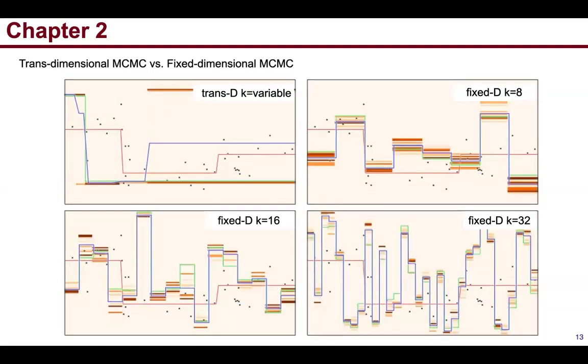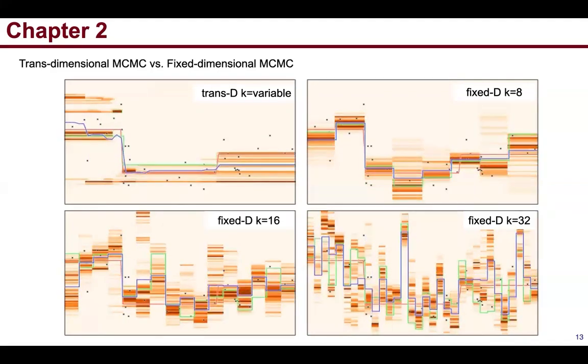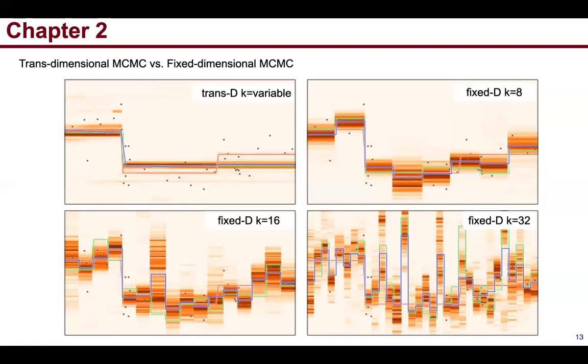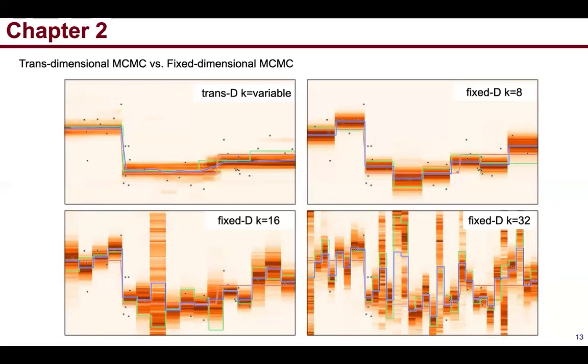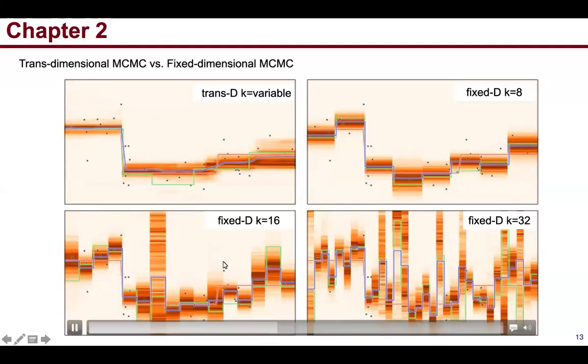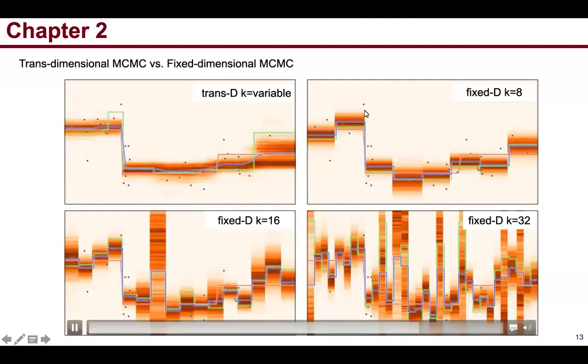So here you can find the first figure is a transdimensional inversion result, and the left three figures are the fixed dimensional MCMC result. Compared to the other three, the transdimensional inversion result can yield the most likely velocity model without bias due to over-parameterization or under-parameterization.